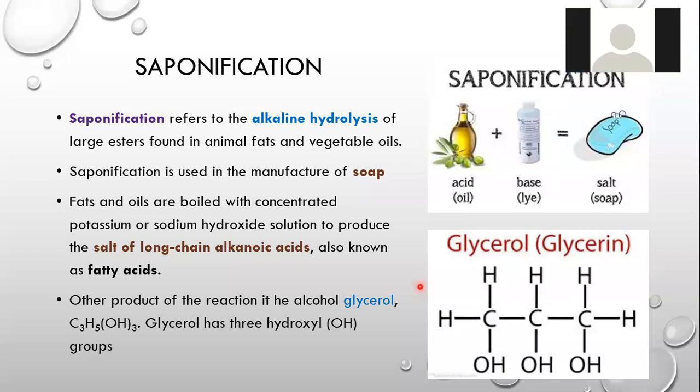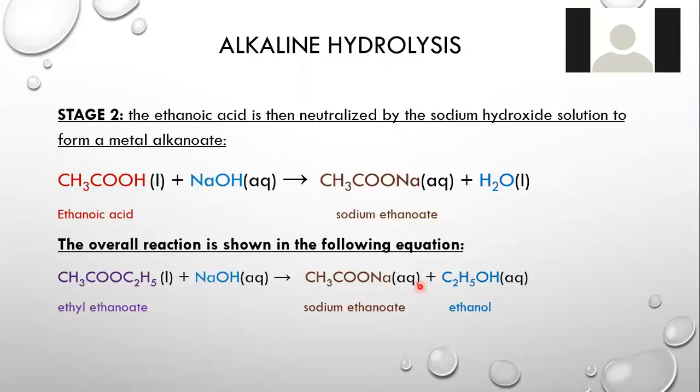Before we go on to saponification, we learned about alkaline hydrolysis. In alkaline hydrolysis, we use an alkaline such as sodium hydroxide or potassium hydroxide solution to react with an ester. When it reacts, there are two stages that occur, but the end product at the end of the day is going to be a salt and an alcohol.